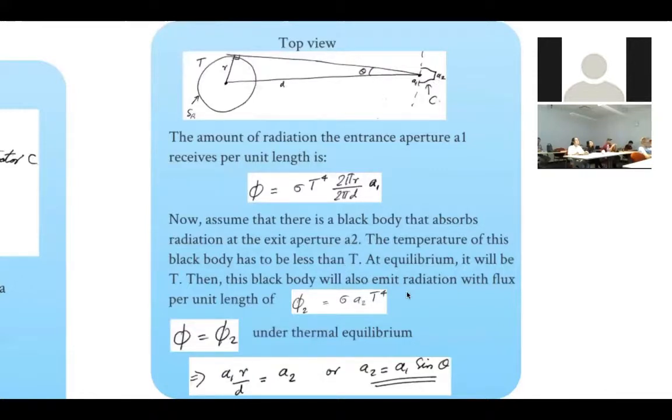And the flux it'll emit will be given also by the Stefan-Boltzmann law, and let's call it phi 2, which is sigma A2 times T raised to 4. A2 is the area, of course, here, times 1. We're going to ignore that 1 because it's a unit length, of course. Sigma A2 times T raised to 4.